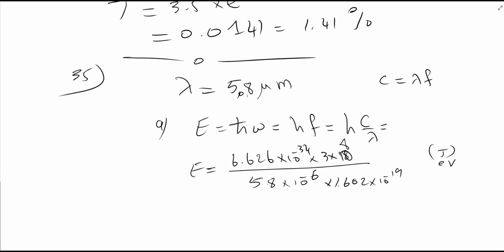So 6.626 times 10 to the negative 34 gives us a nicer number than some power of ten to the negative something.